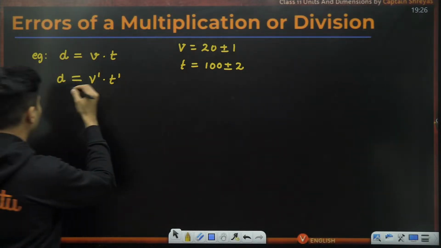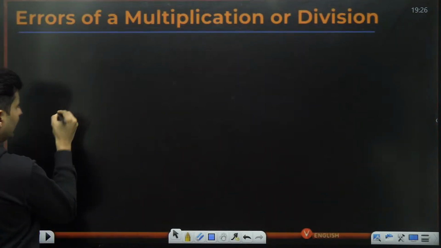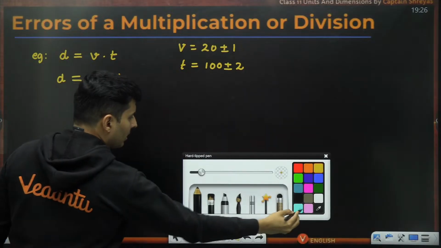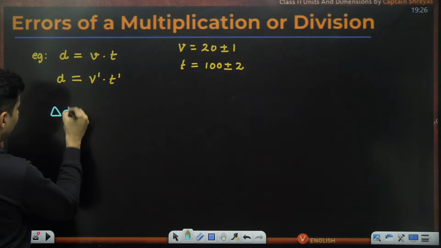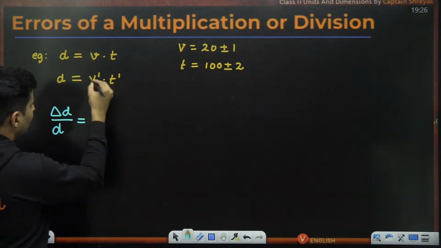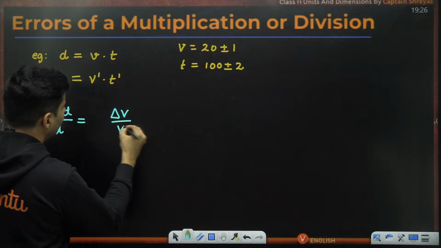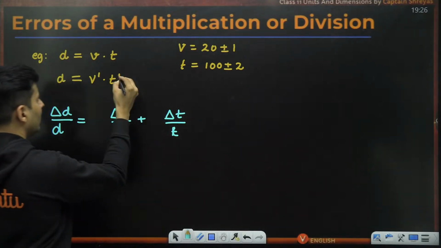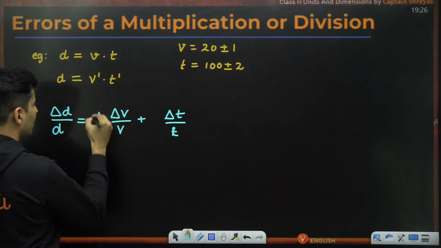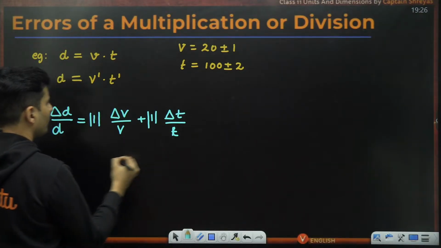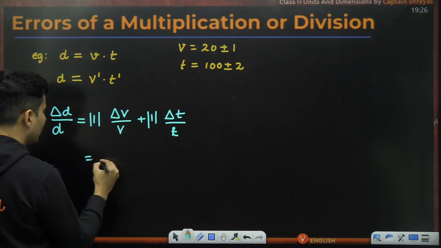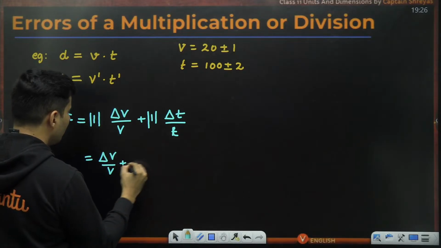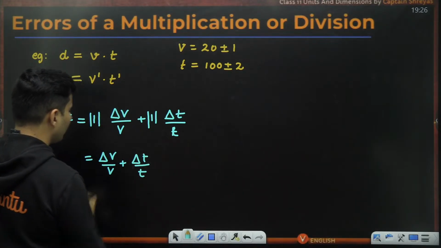Okay, now what do we do? Now, the relative error in distance, very, very important, will be relative error in speed plus relative error in time. The powers will come over here, modulus of 1, modulus of 1. So it is basically nothing but delta v by v plus delta t by t.